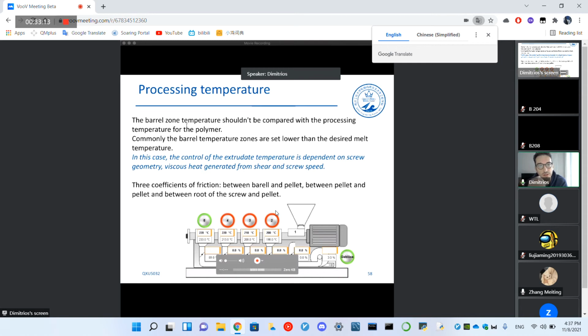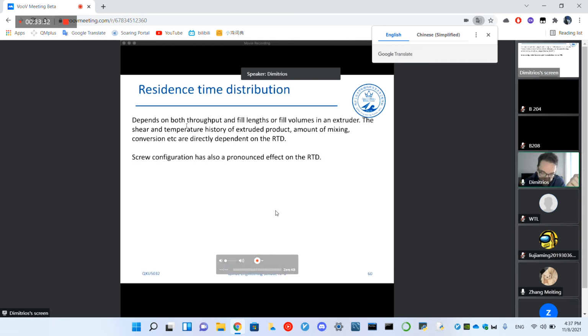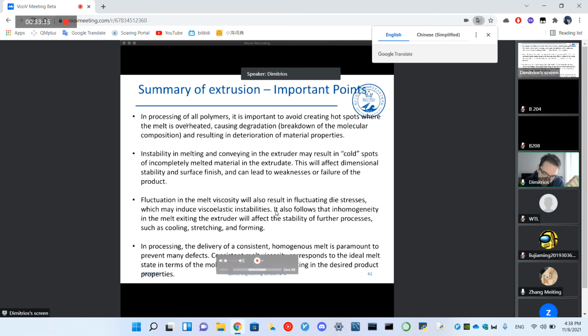So all this friction ends up increasing the temperature, and that is why usually we don't put as maximum temperatures as we want, because the temperature is generally increased by friction throughout the extruder. Okay, let's move on. These ones are okay for you to have a read yourself. Any questions, please ask me.